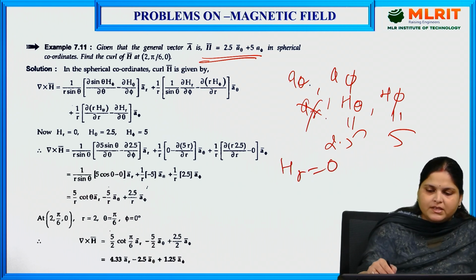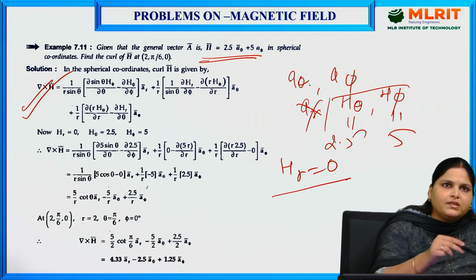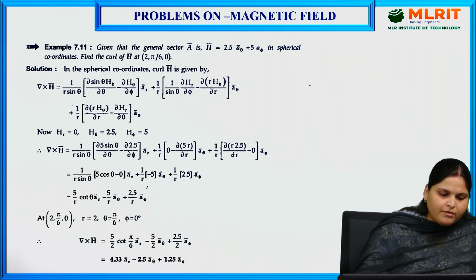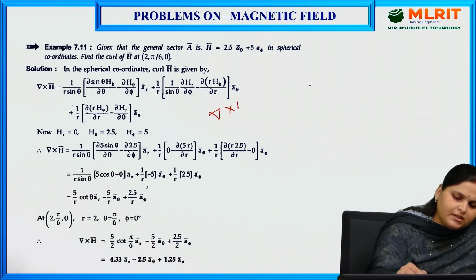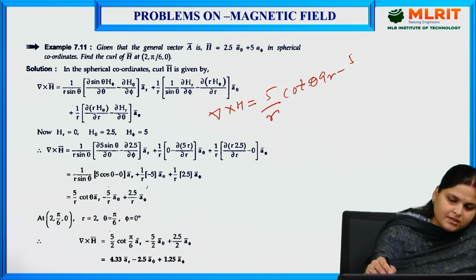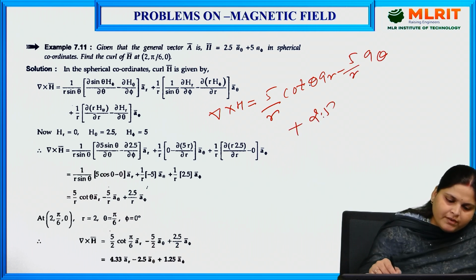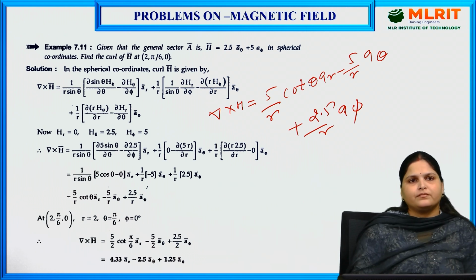So we put H_theta, H_phi and H_r into this equation, and on further solving we get del cross H is equal to 5 by r cot theta a_r minus 5 by r a_theta plus 2.5 by r a_phi, right?